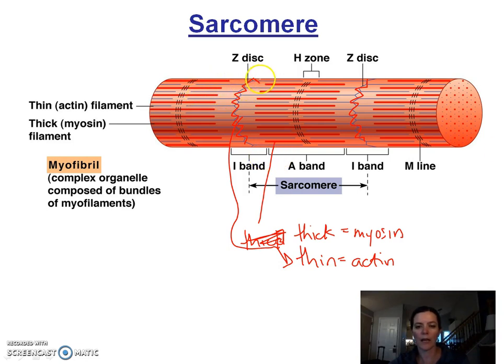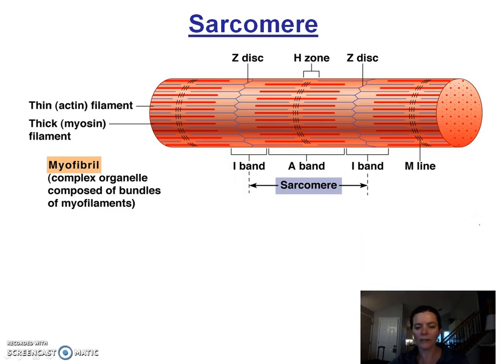When we take a look at the sarcomere, we also see a couple of extra borders that I want to point out to you. One is what's called the A-band, which goes from the outer edge of all of the thick filaments. That forms the A-band. Between all the thick filaments, where you have the Z-disc in the middle and you only have thin filaments, that makes up your I-band.